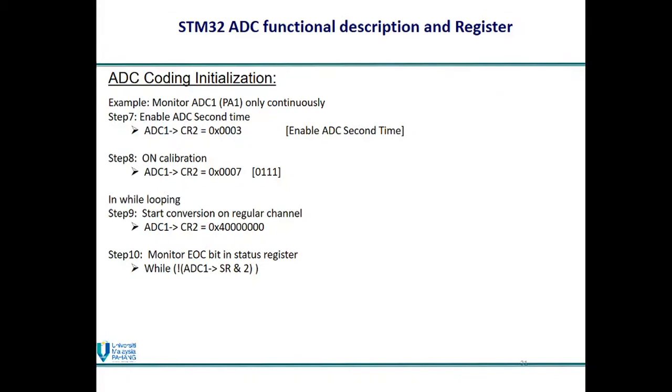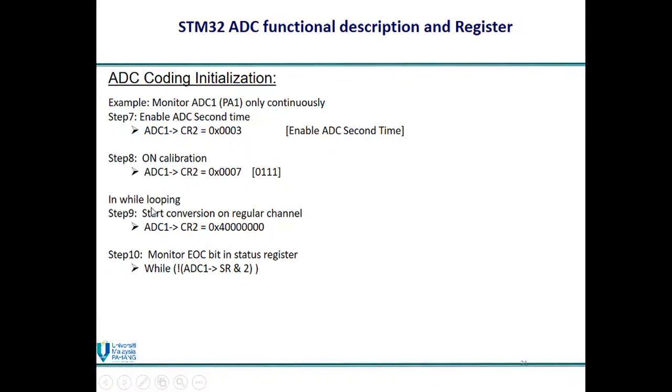For this step, we put 0111 here because the ADON bit is already 1, add the continuous bit, and then this bit is for calibration, we put 1 here. So CR2 is equal to 7 to turn on calibration.